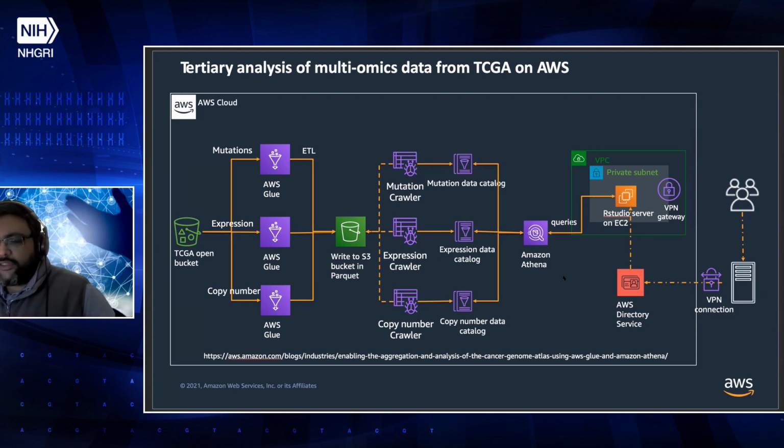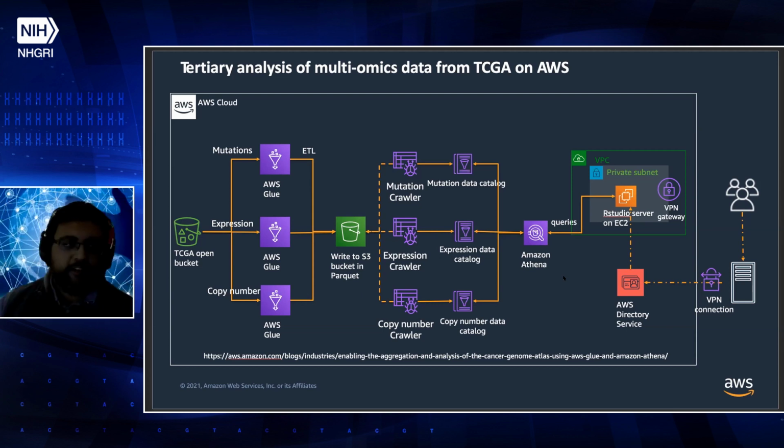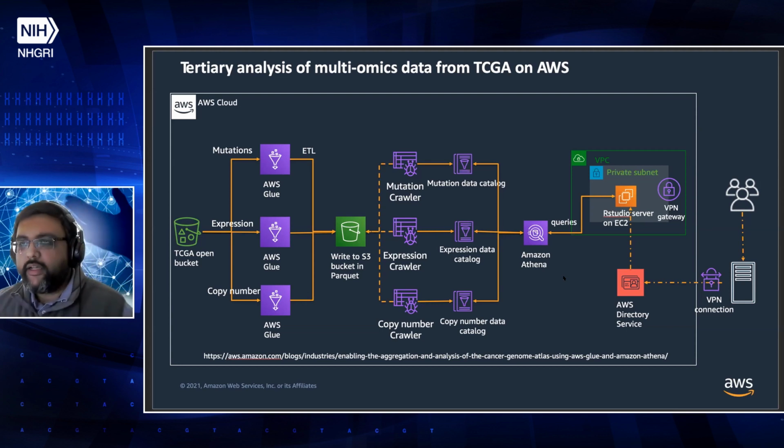And I think a lot of us face this challenge right now, especially in the space of cancer genomics, where there is TCGA data available. Now, how do you get from having all of this data available on mutations, expression levels, and copy number across the genome, to bringing that all together into a single queryable instance, right?